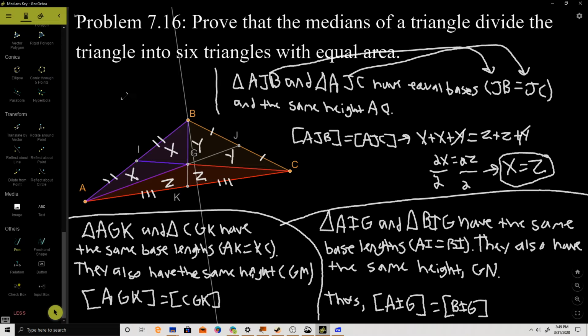But you can compare now the triangles ABK and BKC.